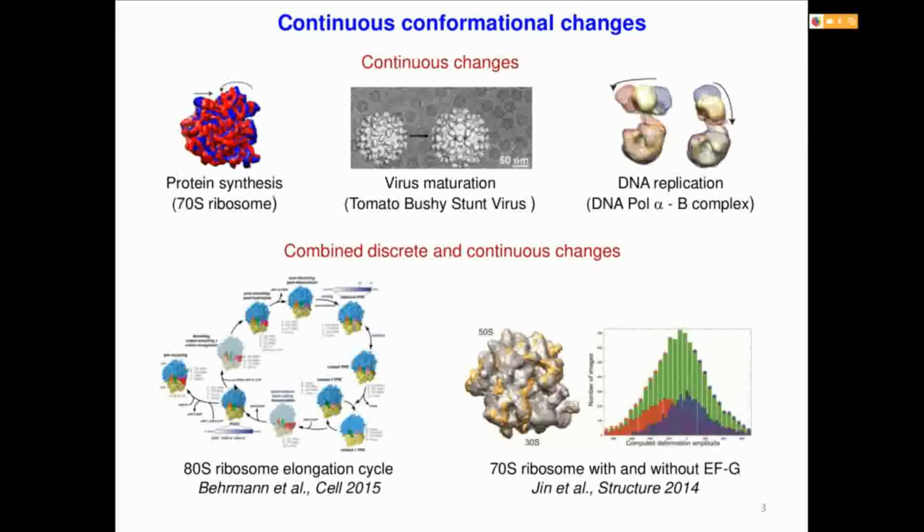And then you can also think about more complex changes, like a combination of discrete and continuous changes, like along the elongation cycle of the ribosome, in which many different ligands will bind and unbind, and this is also combined with continuous changes.